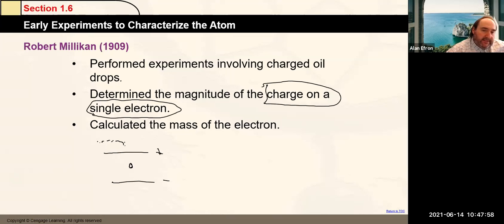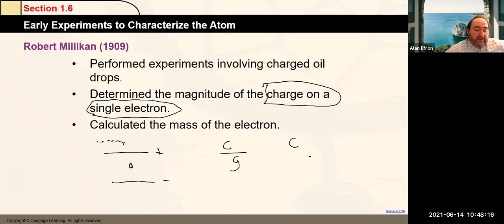So why is this important? Well, this is important in combination with Thomson's experiment. If you remember, Thomson's experiment figured out the charge to mass of an electron. Millikan's experiment figured out the charge of an electron.